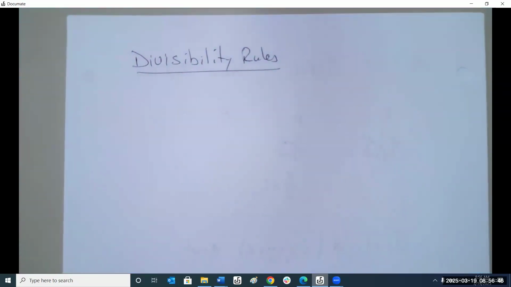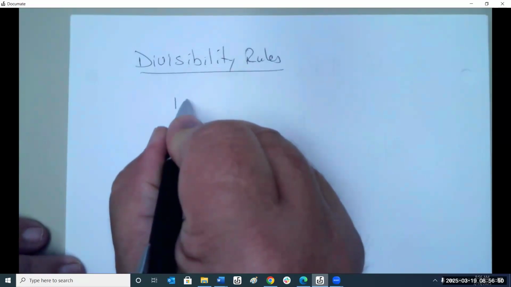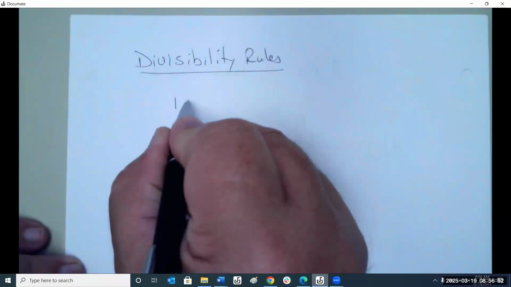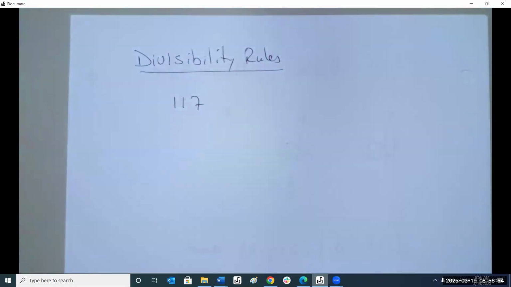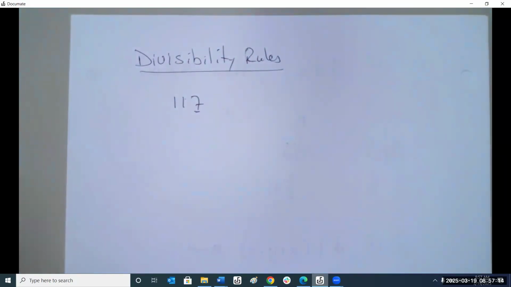How do you know, if I gave you a number, 117, what numbers go into there? Does 2 go in there? How do we know that? Because the last digit is not even, so it's not 2.